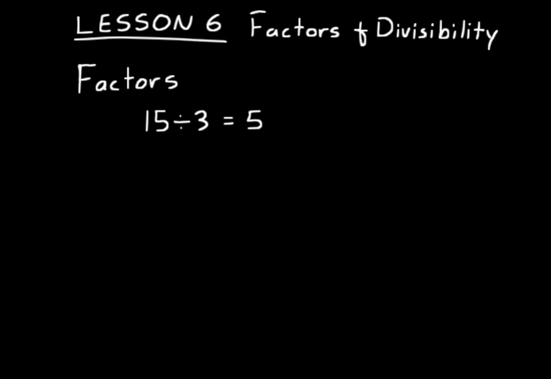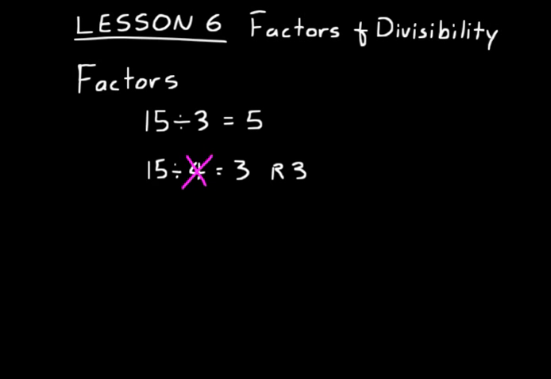Now if you did 15 divided by 4, you would not get a quotient with just a whole number. It would have a remainder as well. That would equal 3 with a remainder of 3. 4, therefore, is not a factor of 15.